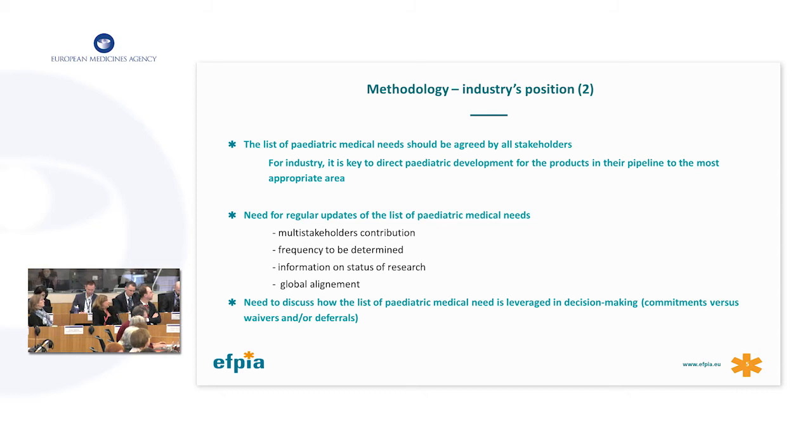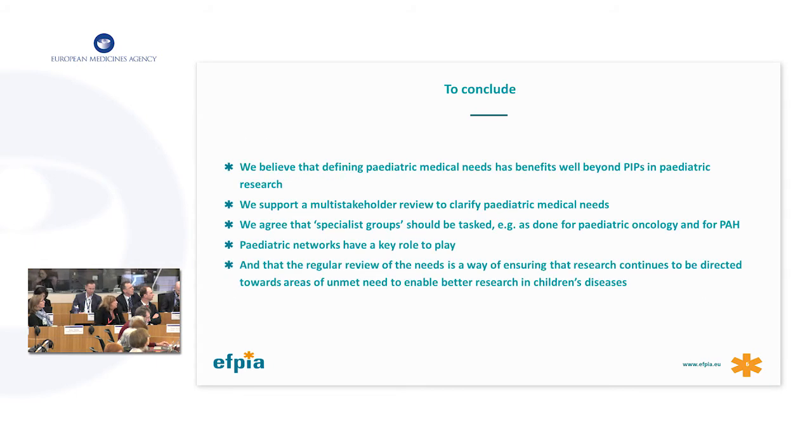There is a need to discuss also how the list of pediatric medical needs is leveraged in decision-making: commitments versus waivers and/or deferrals. To conclude, we believe that defining pediatric medical needs has benefits well beyond PIPs in pediatric research. We support a multi-stakeholder review to clarify pediatric medical needs.